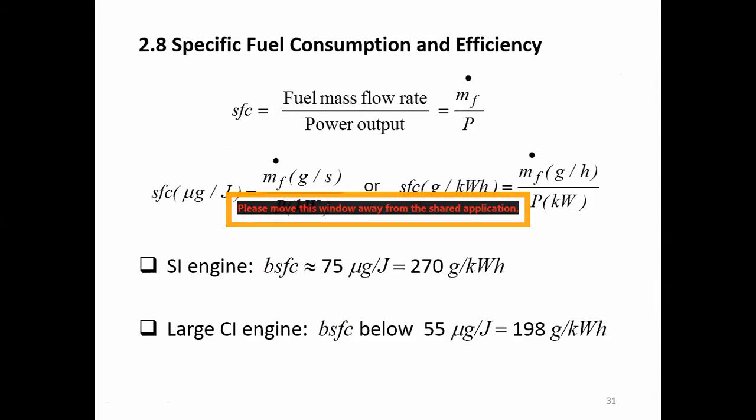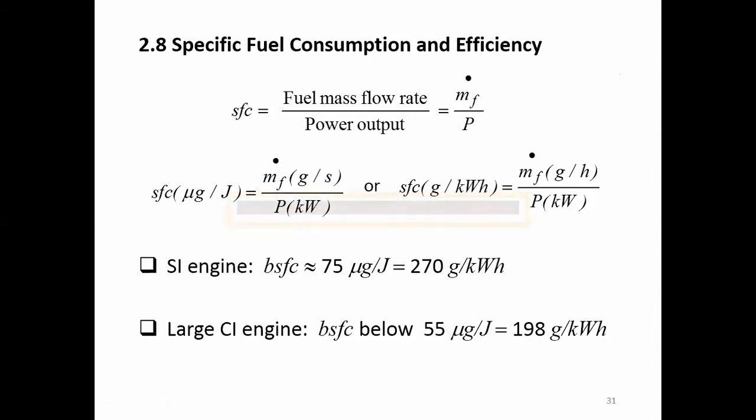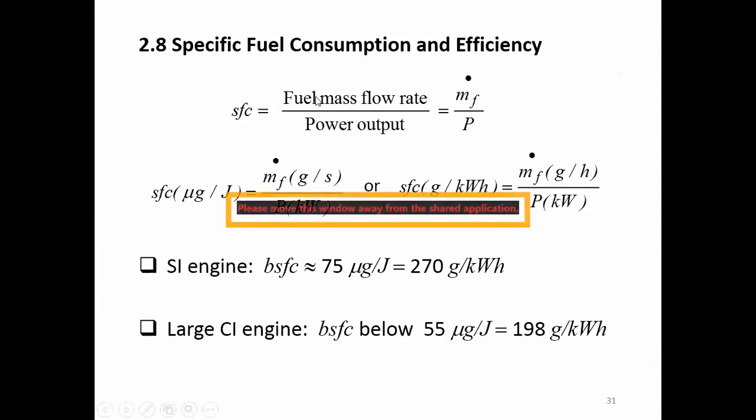Okay. So the next parameters for the engine performance are the specific fuel consumption and the efficiency. The specific fuel consumption can be determined from here. It is the fuel mass flow rate divided by the power output. That means the SFC will tell us that if I want to have one unit of output power, how much fuel I have to use.